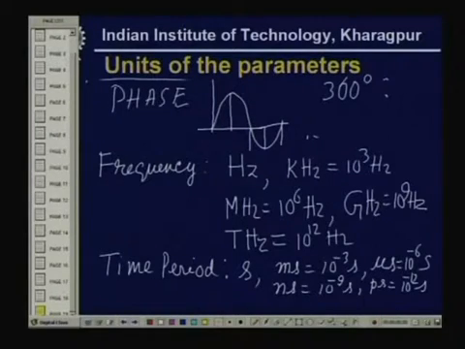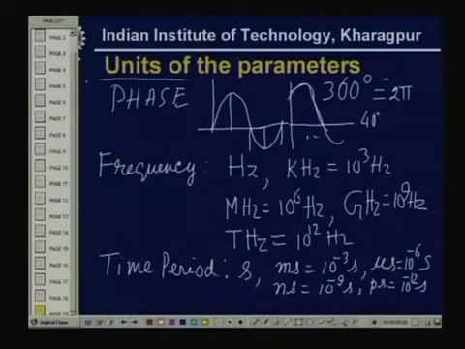Or we can express it in radian, in that case it is 2 pi. Suppose the phase has been shifted and another signal is like this. Here the phase is about 45 degree, which can be written as 2 pi by 360 into 45 in radian.